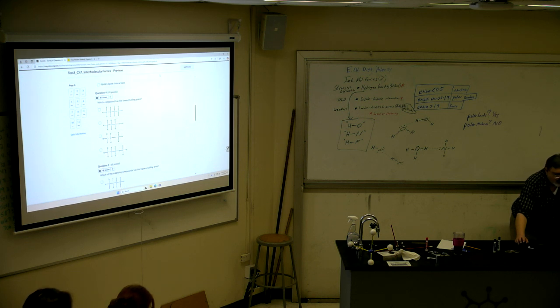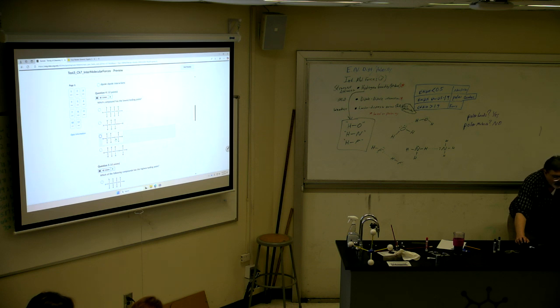You just look at the molecule, you decide what you're thinking. So like this one, which one has the lowest boiling point? This has nothing but carbon to carbon and carbon to hydrogen. The only intermolecular force here is the LD forces. This one, this has the O to H. This is going to have a really strong attractions. This is going to have probably the highest boiling point among these.